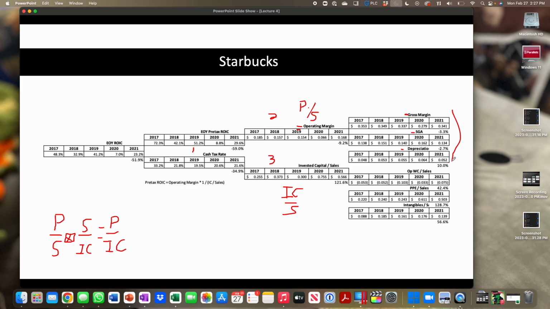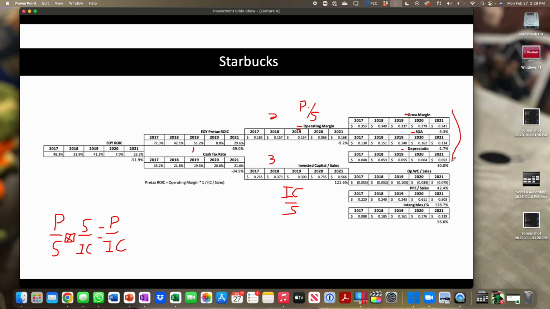Driver number two, spending on overhead, spending on selling, general, administrative, those indirect costs during the period. In 2017, they were spending 13.8 cents per dollar on SG&A. In 2021, they were spending 13.4 cents per dollar on SG&A. Is that better or worse to operating margin? That's better. So that's not why the operating margin fell. It wasn't because they're spending more on SG&A.